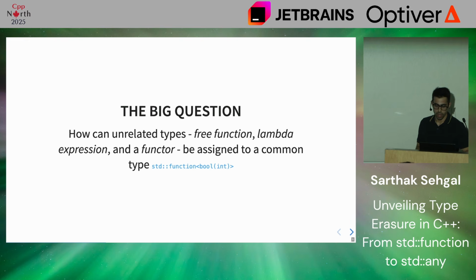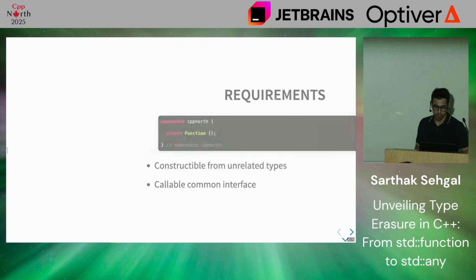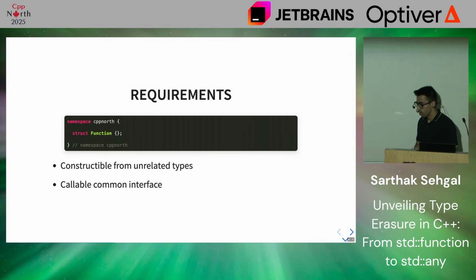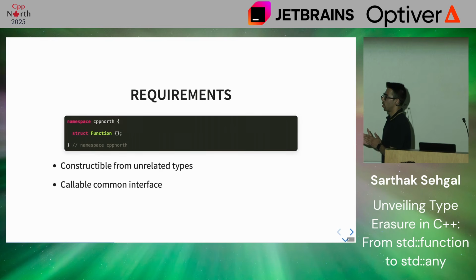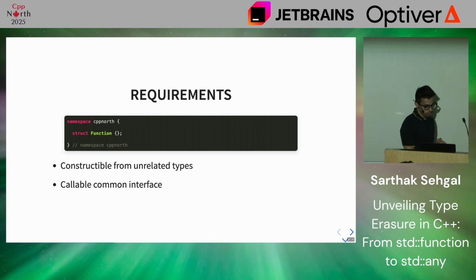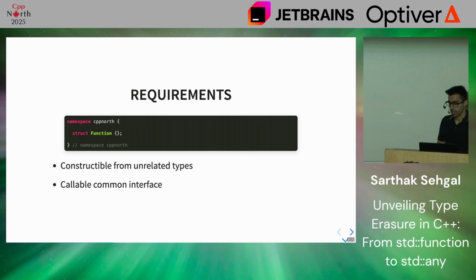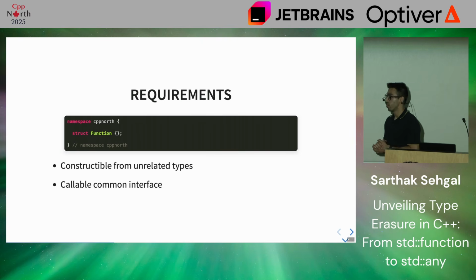Let's have a look at how we can implement a std function-like container. The requirements of this class are that it should be constructible from unrelated types, and it should have a common callable interface. If we take a step back and notice, the second requirement was already satisfied by the interface solution.